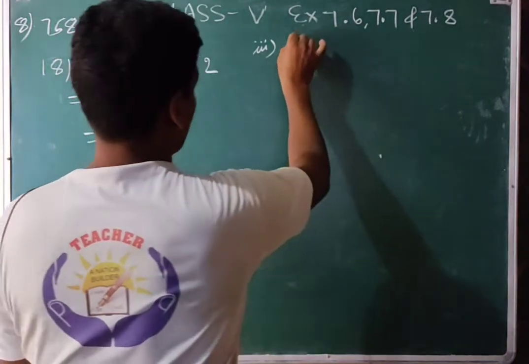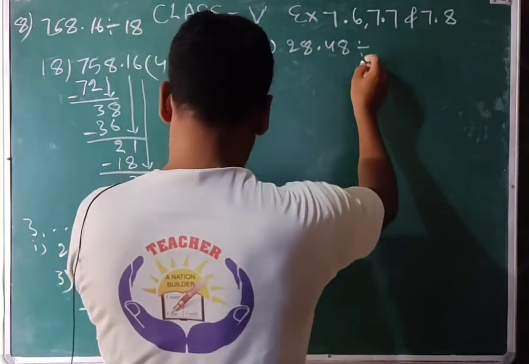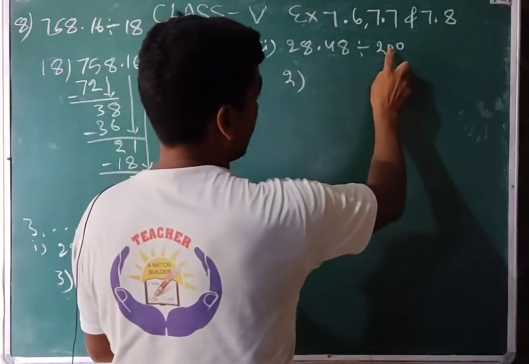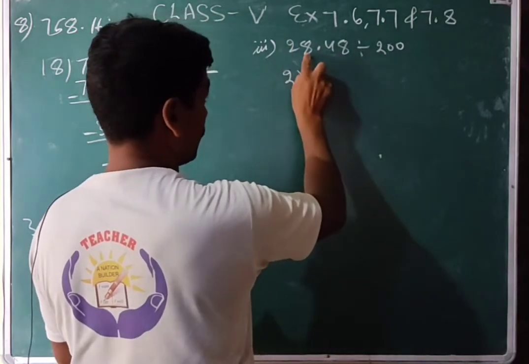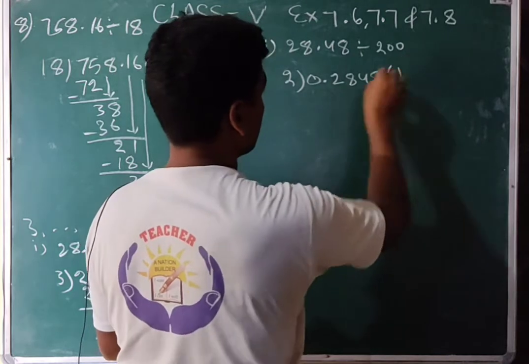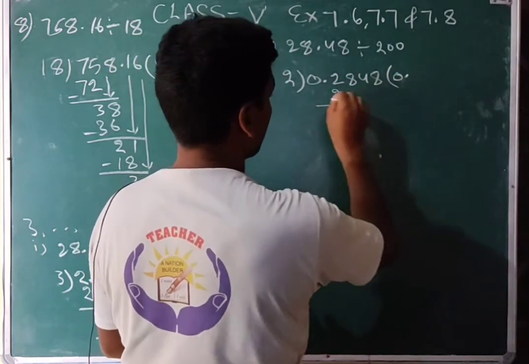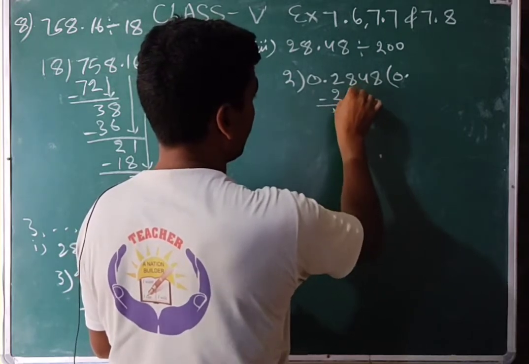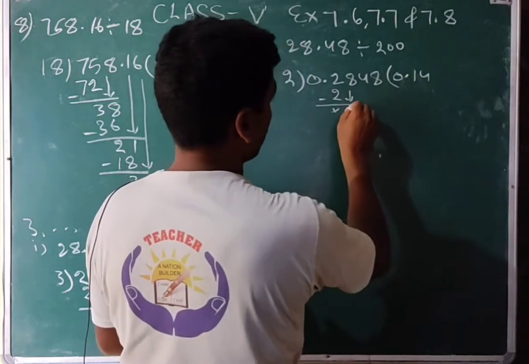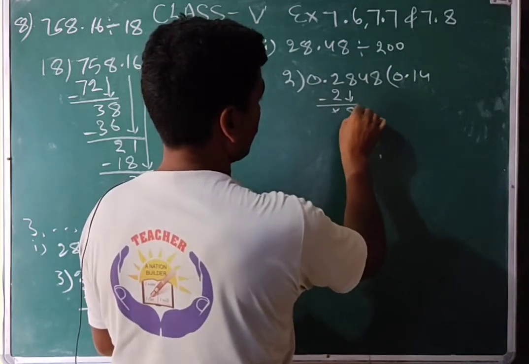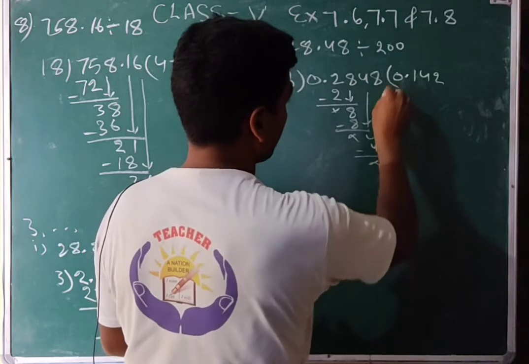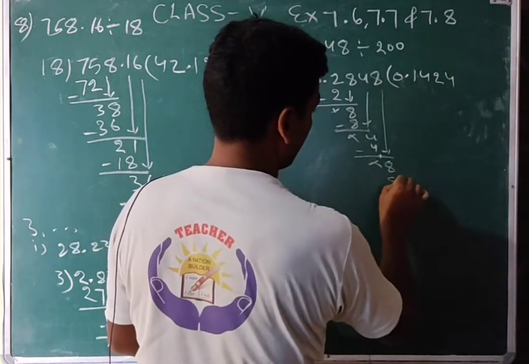And then the third part: 28.48 divided by 200, so that will be divided by 2, we have left the 2 zeros, so this decimal will come here before 2 digits, so that will be 0.2848 by 2, 2 1 ja 2, just put 0 decimal, and then subtract, nothing is left, 2 4 ja 8, and then nothing is left, that is 4, 2 2 ja 4, nothing is left, that again 8, 4 ja 8, nothing is left.